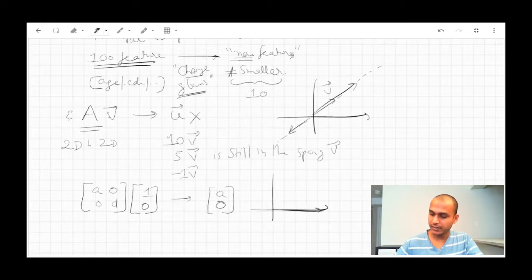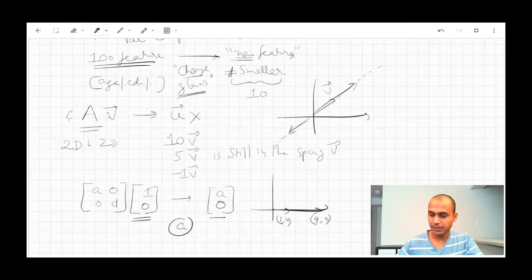So I got 1 comma 0 as the input, and I got a comma 0 as the output. And a comma 0 is just a multiple of 1 comma 0. So the output vector is in the span of the input vector. So this is a special vector, and the scaling of this input vector is a.